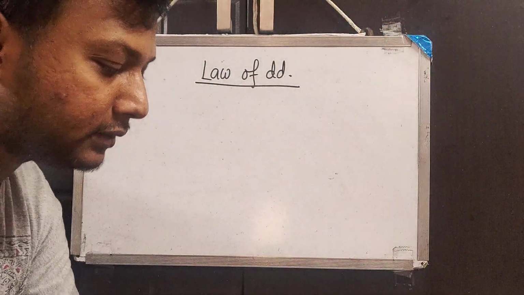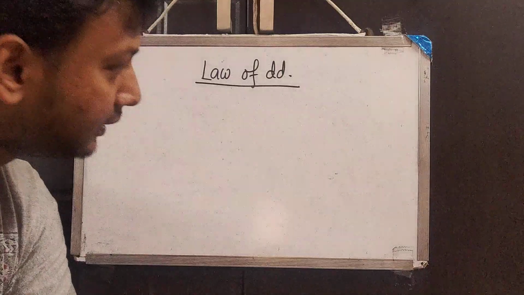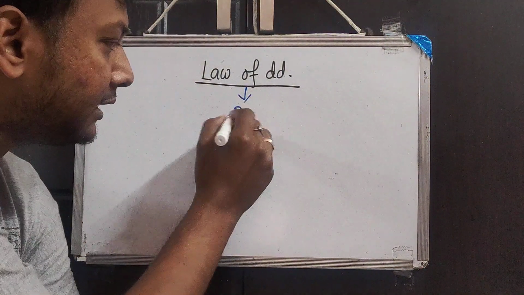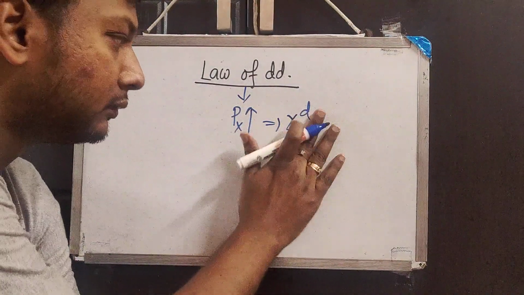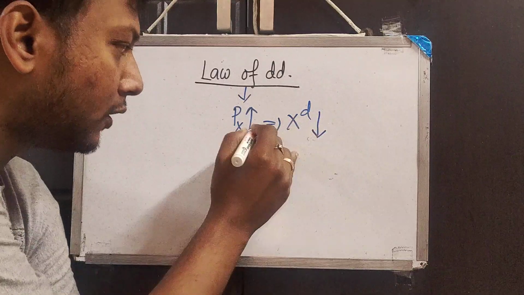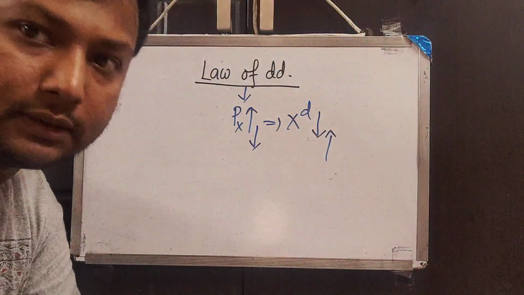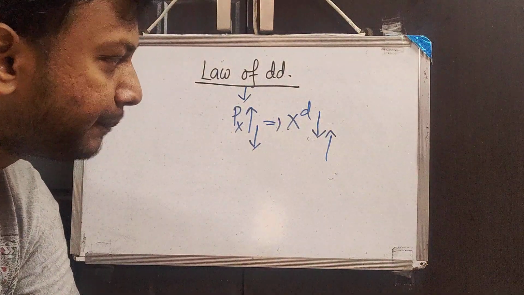Now, this law of demand, what does it suggest? It suggests that keeping other factors constant, if price goes up, demand goes down, or if price goes down, demand goes up. Obviously, we will need to keep all the other factors constant.